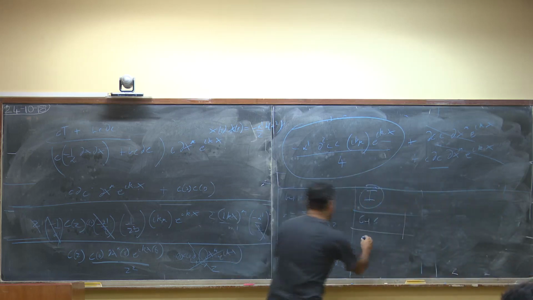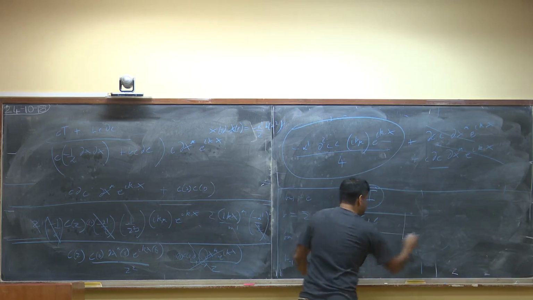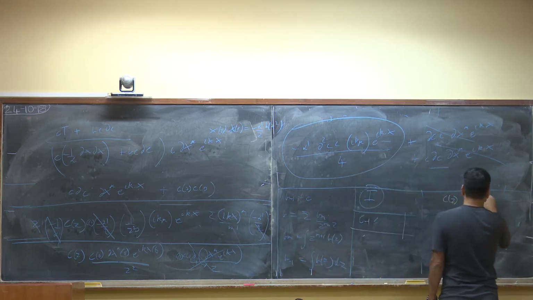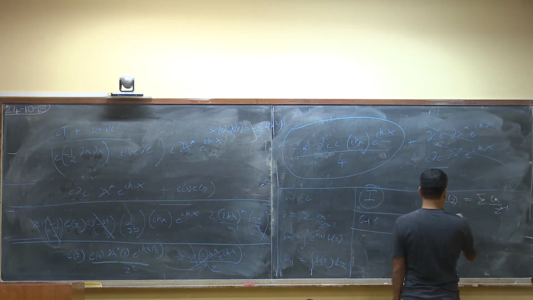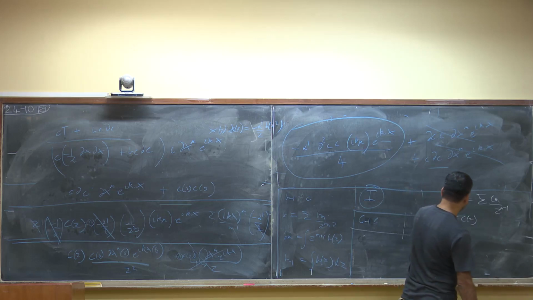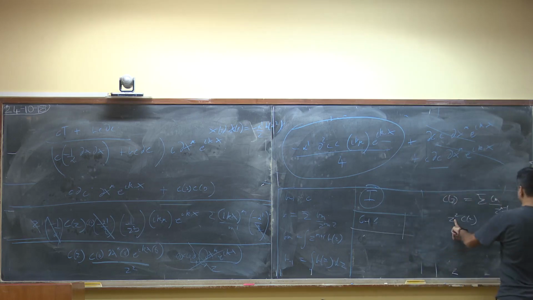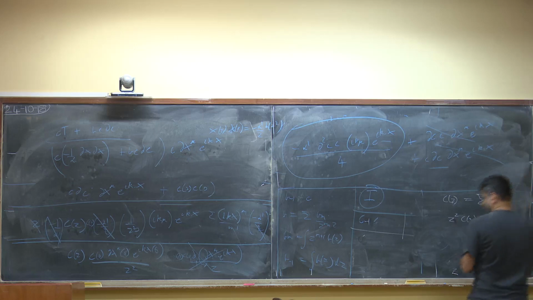C minus 1. So C of Z is equal to the sum over m of Cm by Z to the power m minus 1. So Z squared times C of Z. Let's check. We multiply by Z squared, and we will pick up the term with Z cubed. No, sorry.